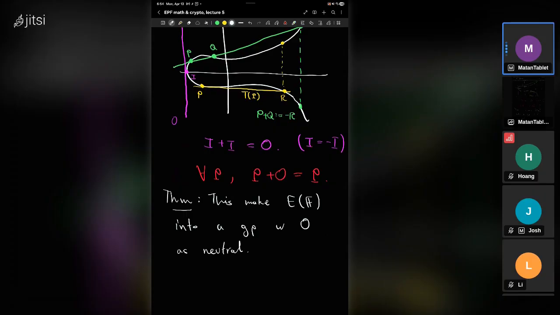So this is kind of a magic because I did some geometric construction. The magic is that it's not clear at all why this construction is going to be associative. It's not clear why if I have P, Q, and L, then P plus Q, as I defined here, plus L is the same as P plus Q plus L.